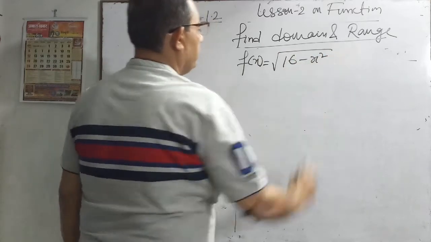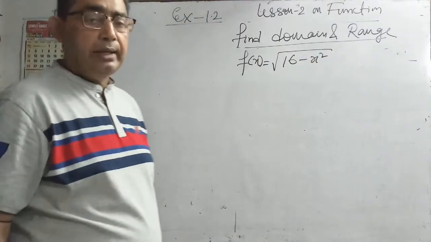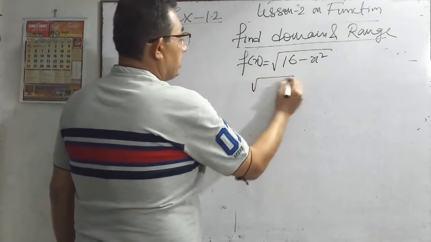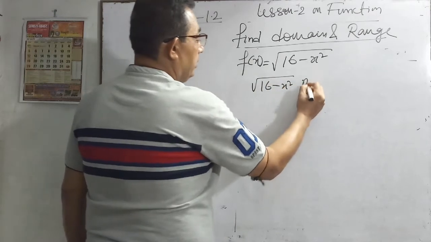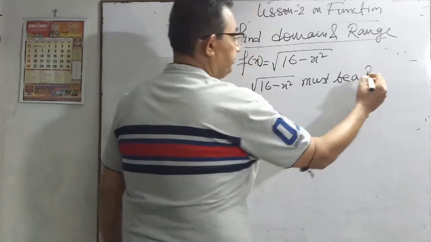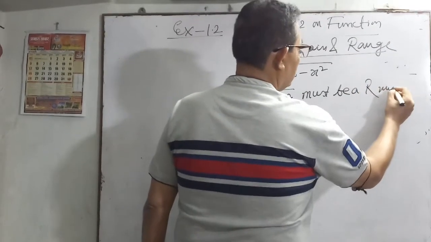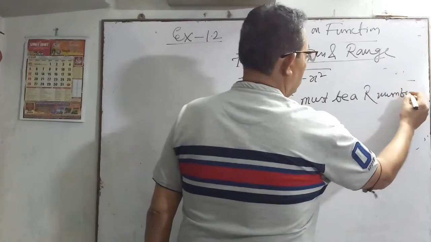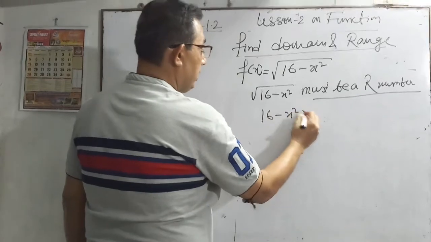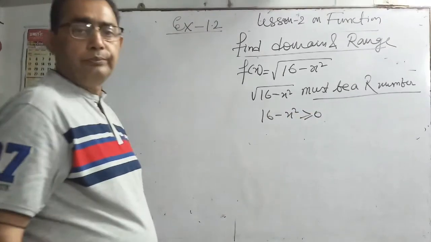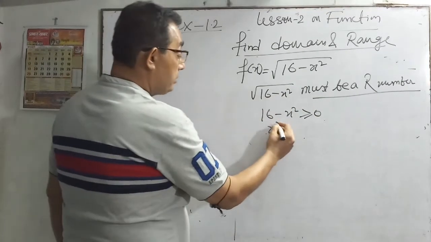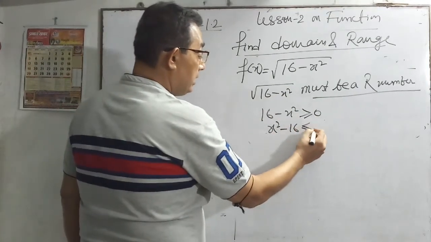Next question is square root of 16 minus x square. The root under 16 minus x square must be a real number. That means 16 minus x square is greater than or equal to 0. If you multiply by a minus sign on both sides, x square minus 16 is less than or equal to 0.